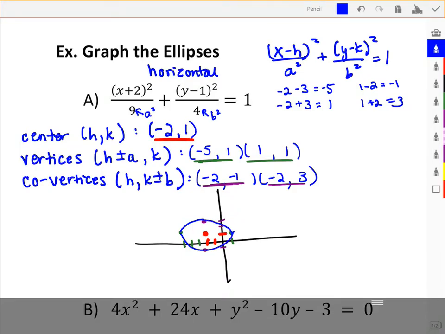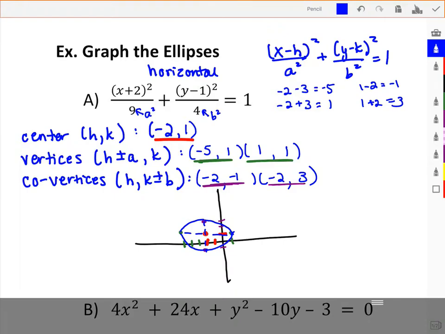So there's the ellipse, okay? Now there is what we call a major axis, which goes the same direction as the ellipse. It connects your two vertices, and your minor axis connects the co-vertices.